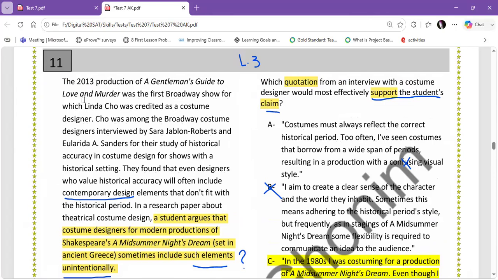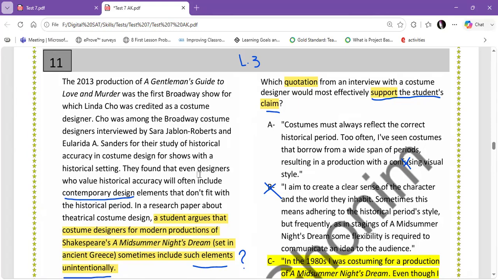The 2013 production of A Gentleman's Guide to Love and Murder was the first Broadway show for which Linda Cho was credited as a costume designer. Cho was among the Broadway costume designers interviewed by Sarah Jablin Roberts and Ulrita A. Sanders for their study of historical accuracy in costume design for shows with a historical setting.